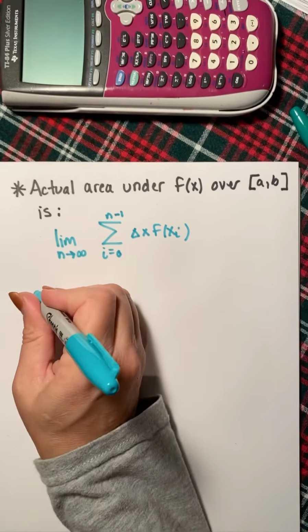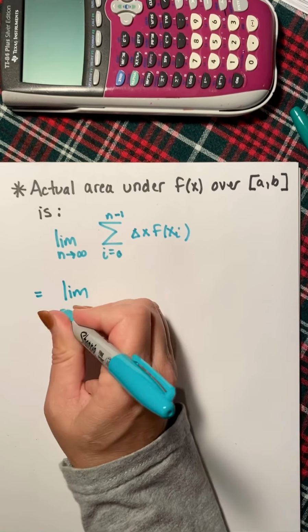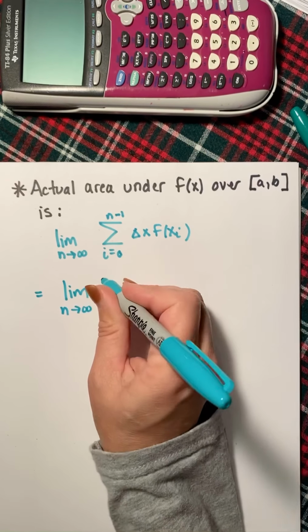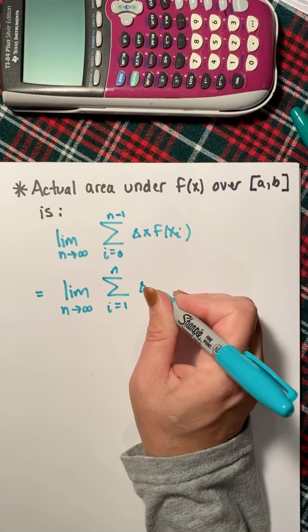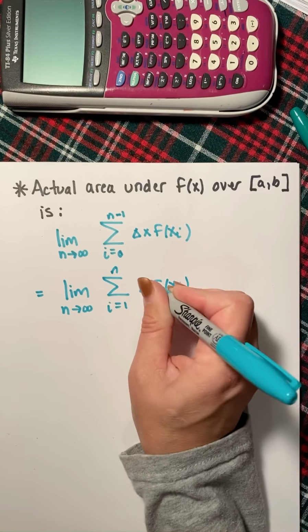That's the left sum. And if we were to do the infinitely many right sums, we'll see that these areas will actually converge onto each other.